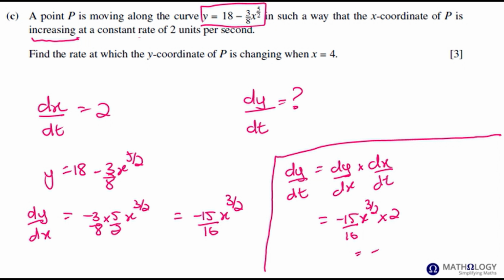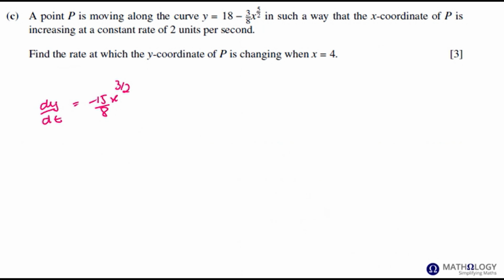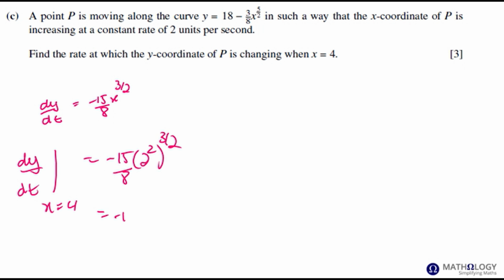So that's going to be minus 15/8 x to the 3/2. We now have the differential dy/dt. So dy/dt when x equals 4 is minus 15/8 times 4 to the 3/2, which is minus 15/8 times 2 cubed, which will be minus 15.